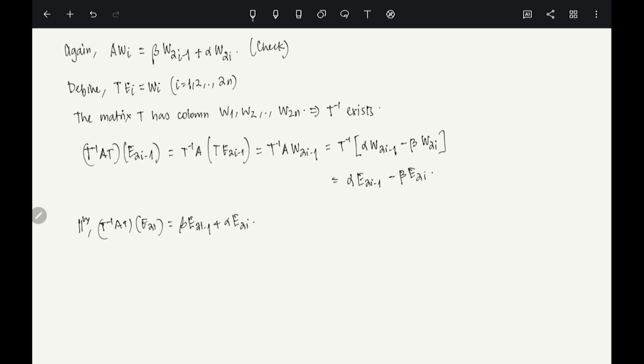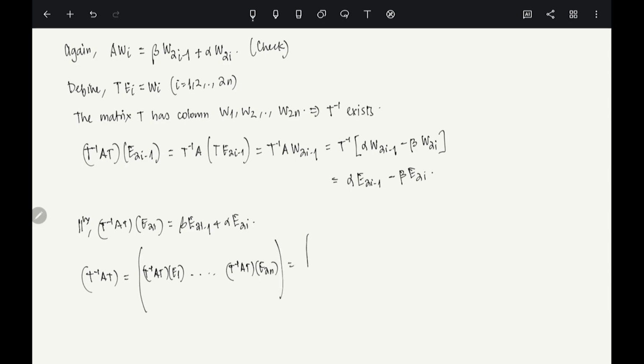Yes. So now let's write down what T inverse AT is. T inverse AT acting at E1, and it will go on like this, up to T inverse AT acting at E2n.